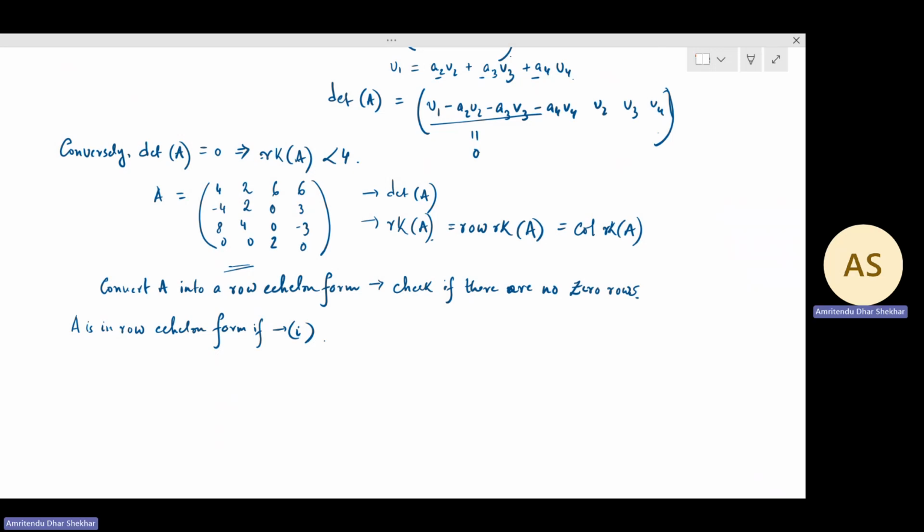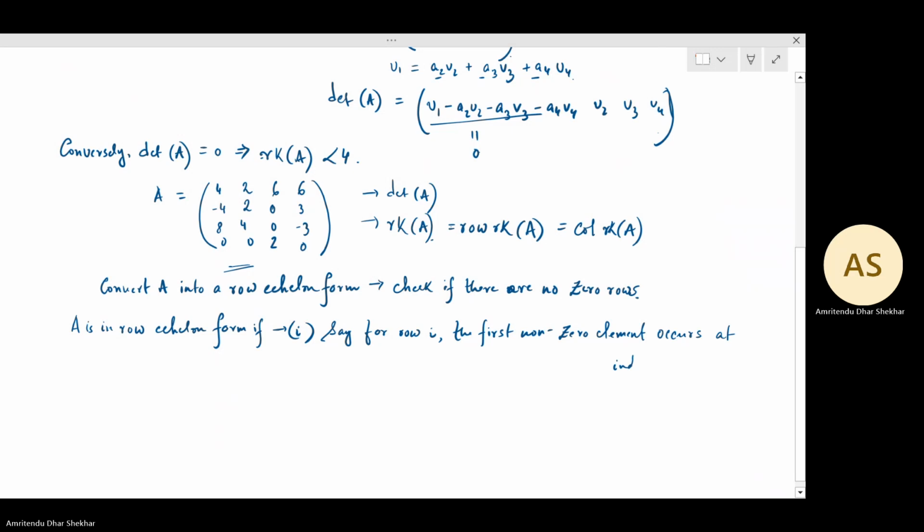So say for row I, the first non-zero element occurs at some index. So let's call that index Ci.